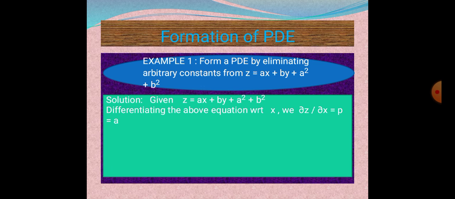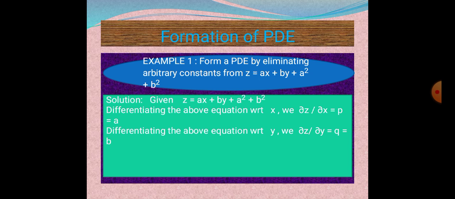Differentiating z with respect to x, the first term gives a, the second term has no x so 0, and the third and fourth terms have no x, so 0. So we have p equal to a. Next, differentiating the above equation with respect to y partially, we get dou z by dou y equal to q.